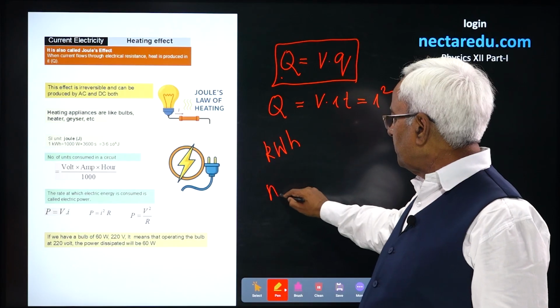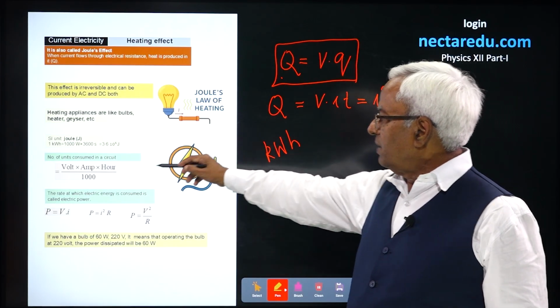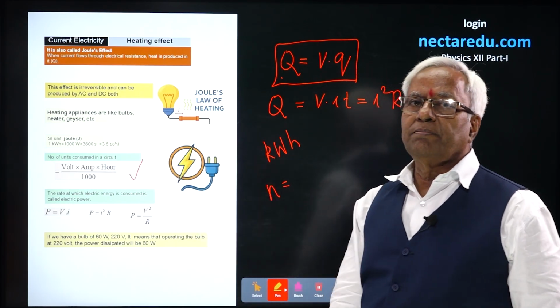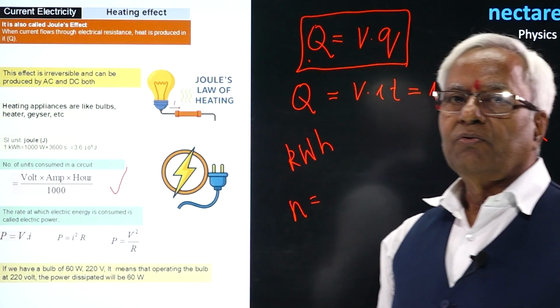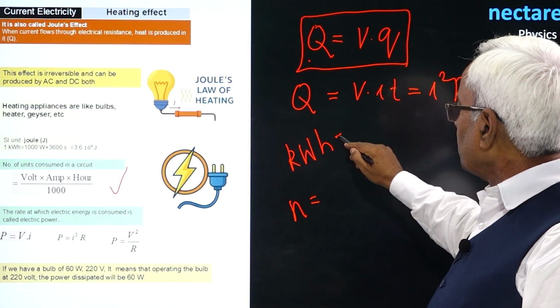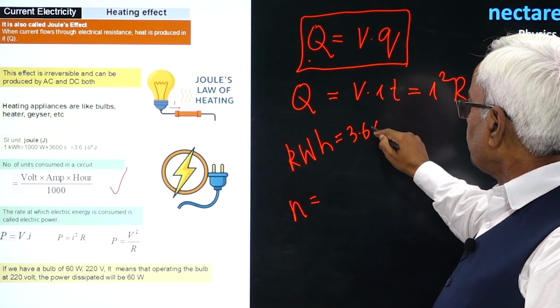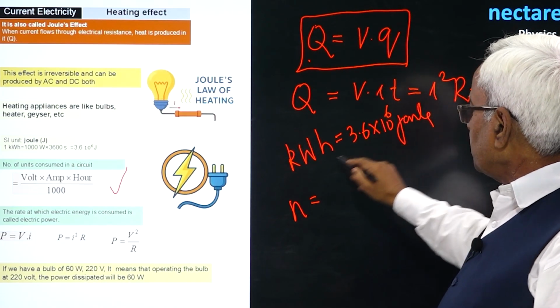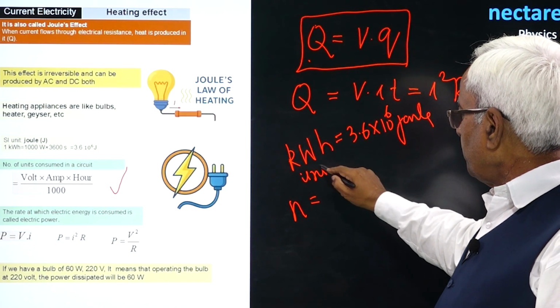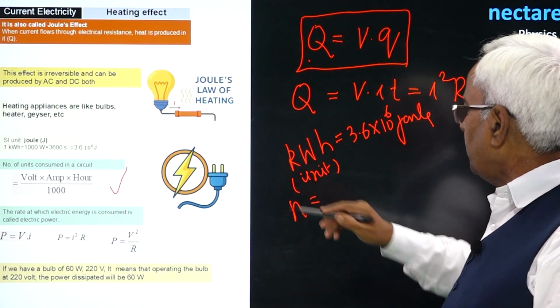The number of units is obtained with the help of the relation volt into ampere into hours divided by 1000. 1 kilowatt hour is equal to 3.6 into 10 to the power 6 joule. This is in general known as unit only.